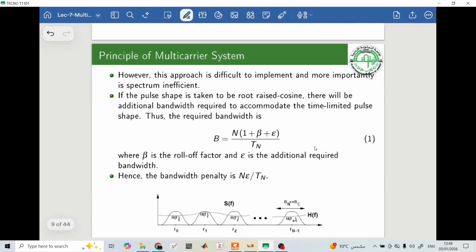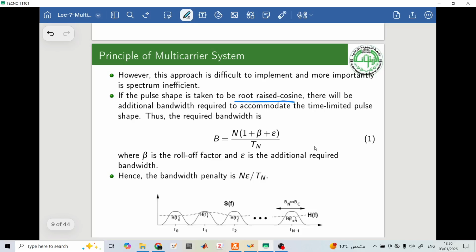Right. However, this is difficult to implement because we need a bank of modulators in the transmitter, and a bank of bandpass filters in the receiver, right? So if we look at it, let's say that we need n subcarriers, and we are using a root raised cosine pulse shape.